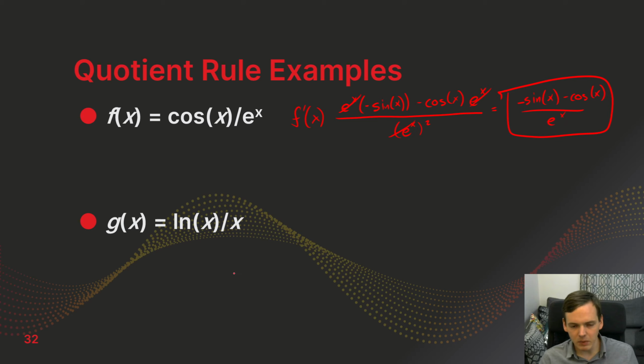And then a second example, I'm going to show the one that we did in the product rule, but I'm going to do it as a quotient this time. So g prime of x will equal the thing in the denominator, so x, times the derivative of the thing in the numerator, which is 1 over x, minus the numerator, which is ln of x, times the derivative of the denominator, which is just going to be 1, all over the denominator, which is x squared, and that will give us 1 minus ln of x over x squared.